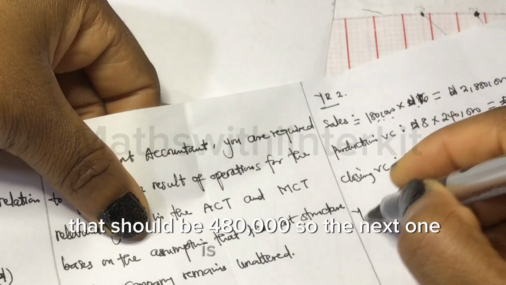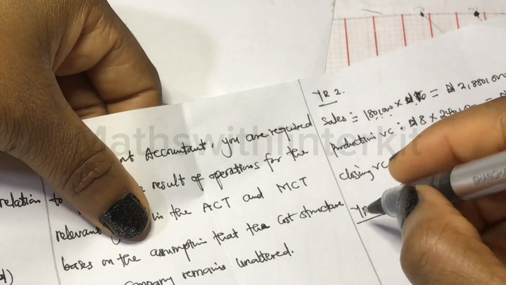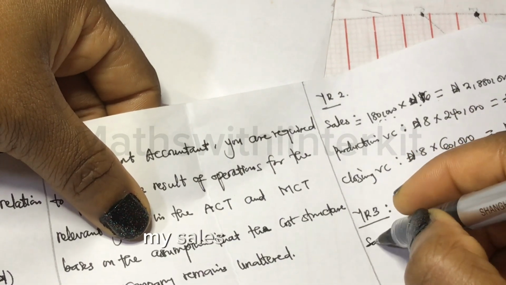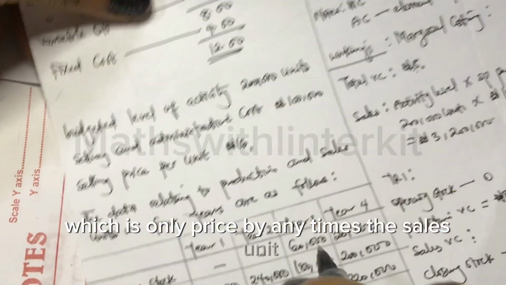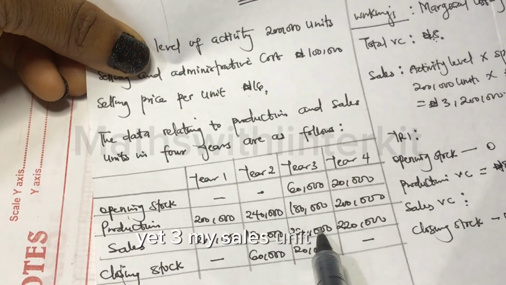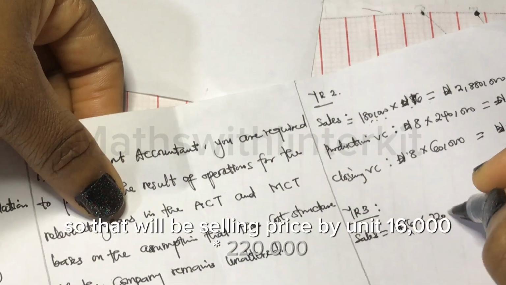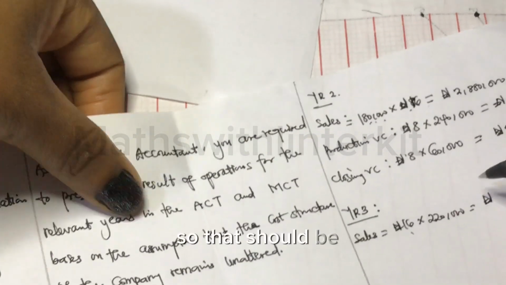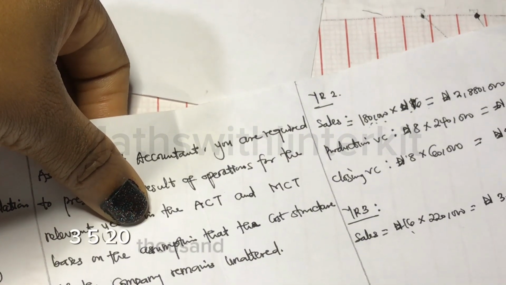So the next one is year 3. For year 3, my sales shall be the selling price per unit, 16, times the sales unit, which is 220,000. So that should be 3,520,000.